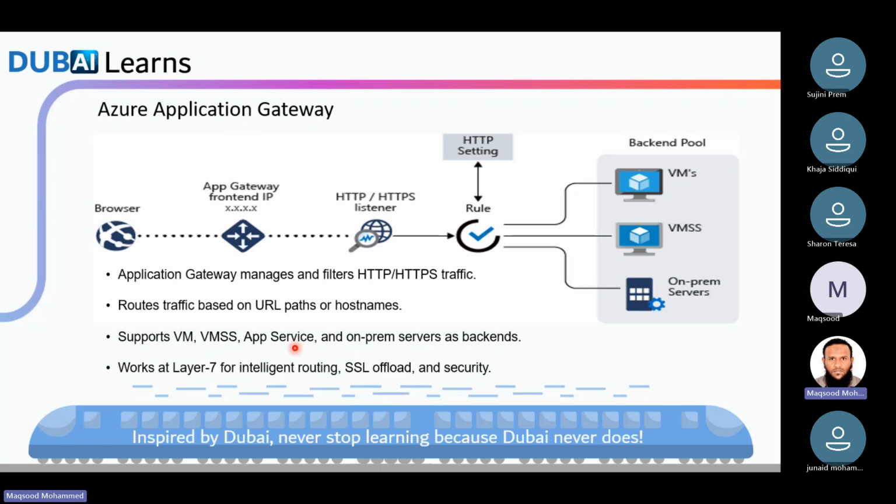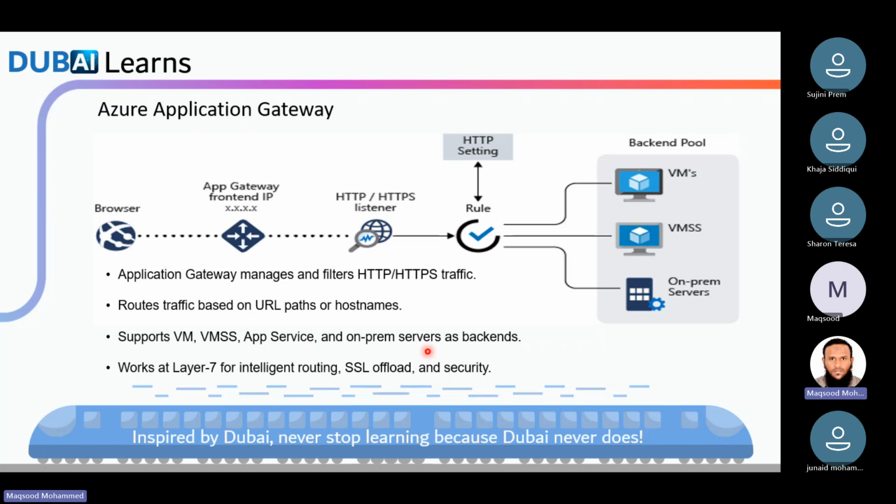We'll be seeing this in the next classes, how we can build the web server without even deploying virtual machines, and on-prem servers as backends. So Azure Application Gateway can have these as backend servers. It can load balance the application traffic to the virtual machine scale set, app service, and even your on-prem servers.